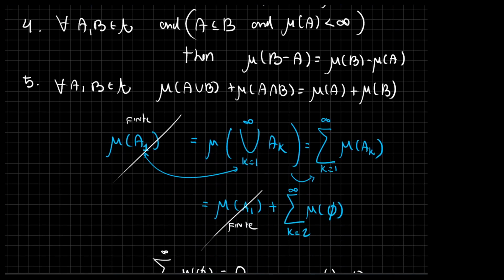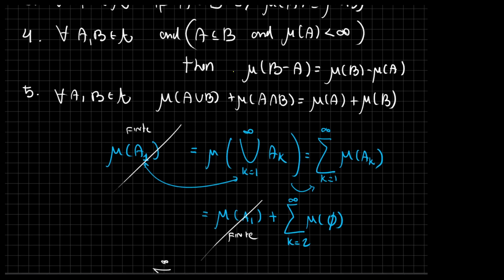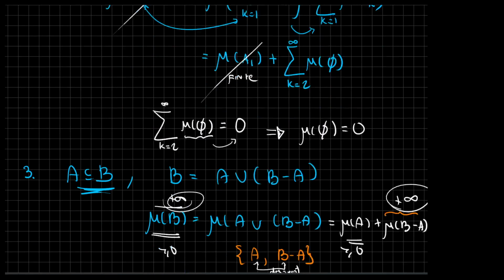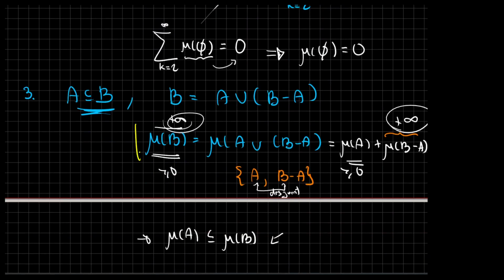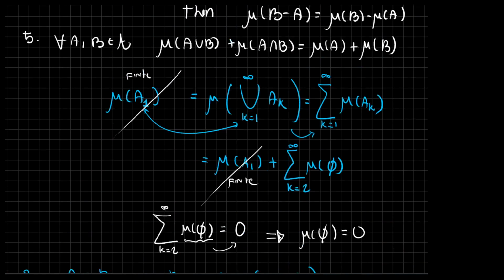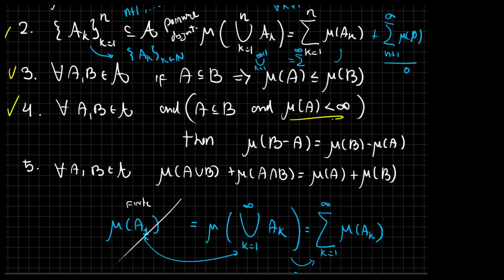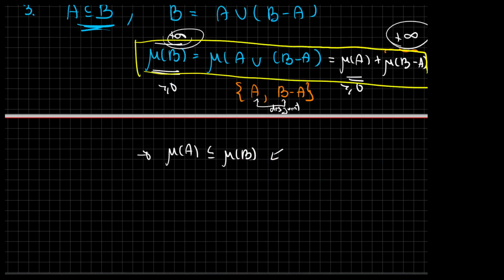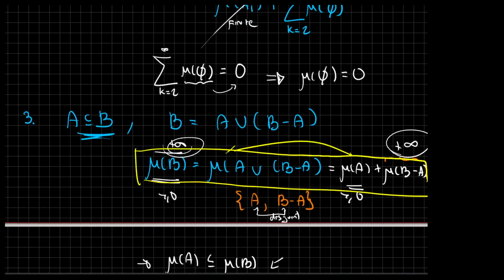For the fourth property, the only thing you need to do is exactly the same here, but since under this condition this is finite, then you can send it to the other side with a minus sign, because this will be a real number.